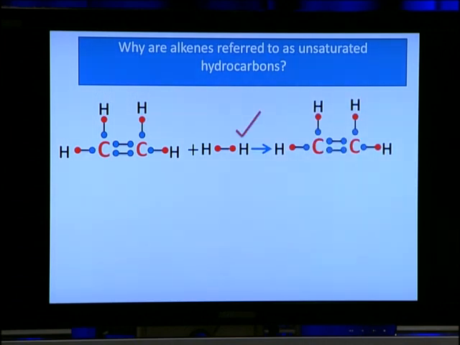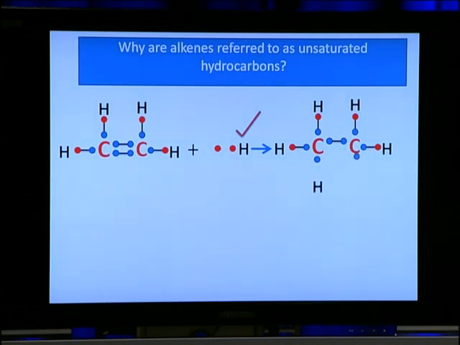Now, the double bond in alkene represents two covalent bonds. Out of the two covalent bonds present between two carbon atoms, one of the bonds is a weak bond. It opens up, and an addition reaction takes place. So let's see. This is how the bond opens up.